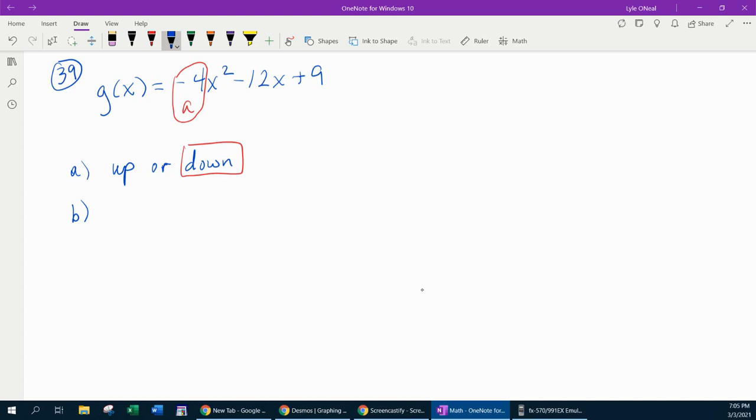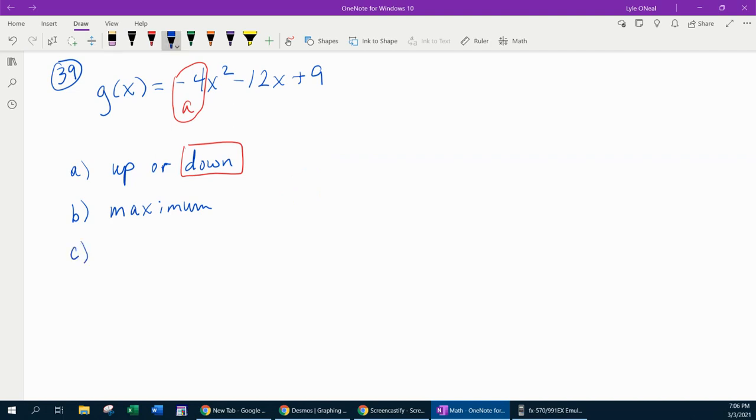If it opens down, this parabola will have a maximum value. And again, we know that if we do a quick sketch where it opens down, you can see the vertex is going to be at the highest point on the graph, which corresponds to a maximum value.